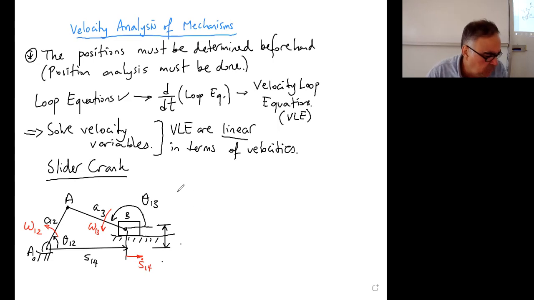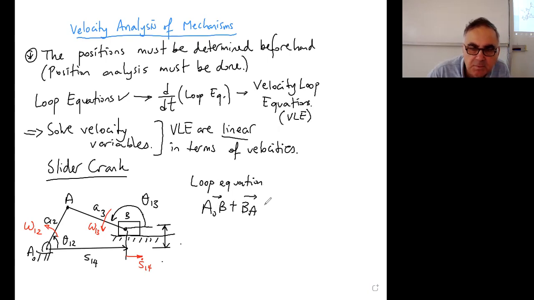So the loop equation, as you know, is A0B plus BA. This is one possible loop equation. A0B plus BA is equal to A0A, for example. Okay.